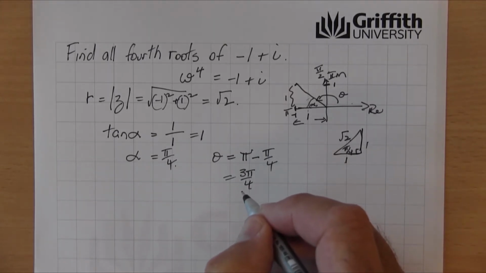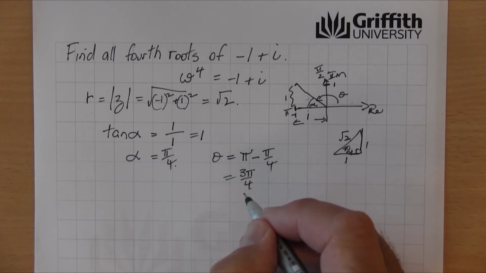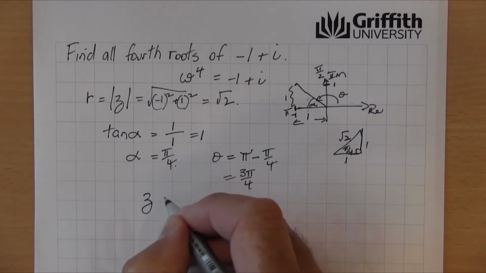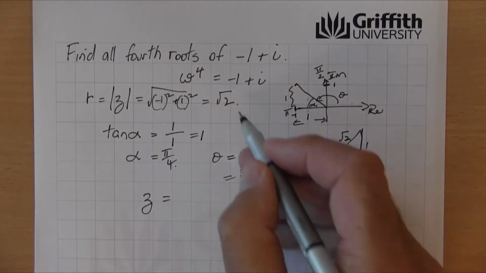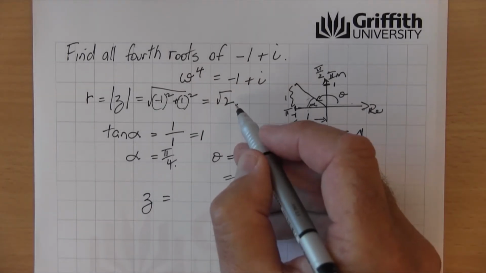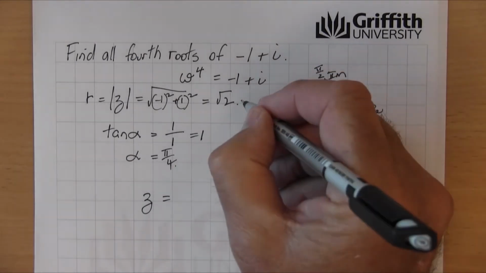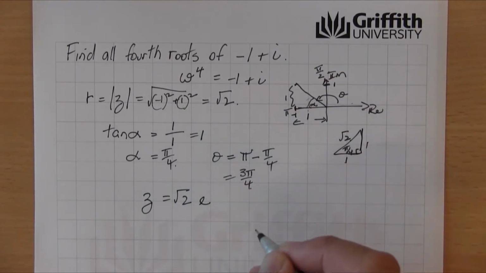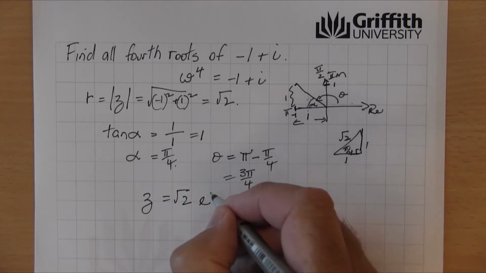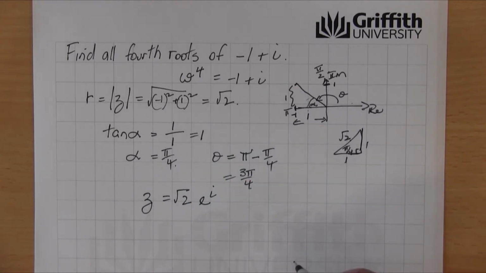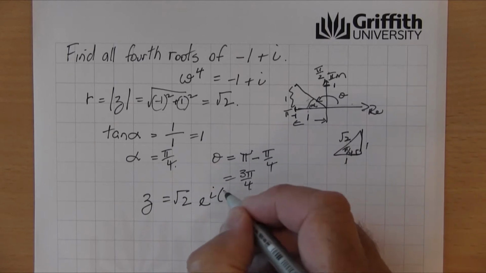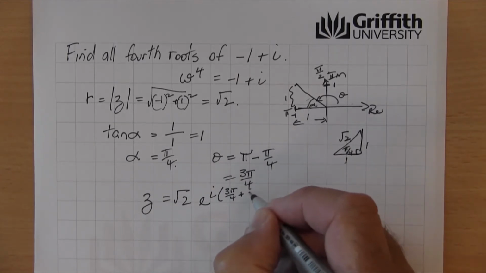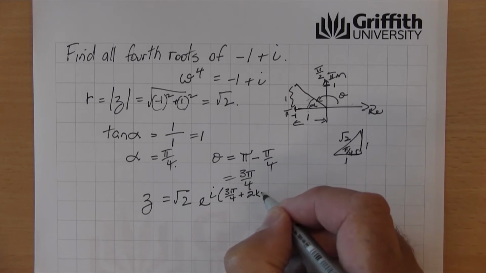So that will allow us to work out that z is equal to root 2 e to the i theta, so that's 3 pi on 4 plus 2k pi.